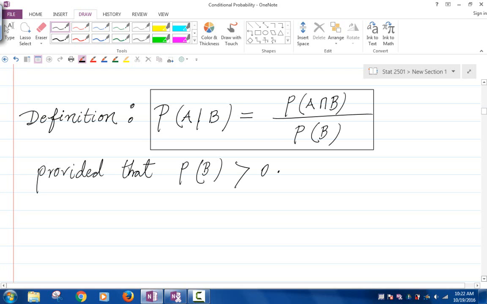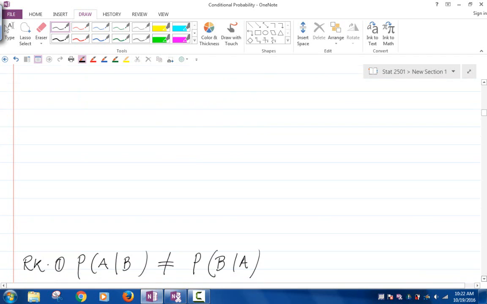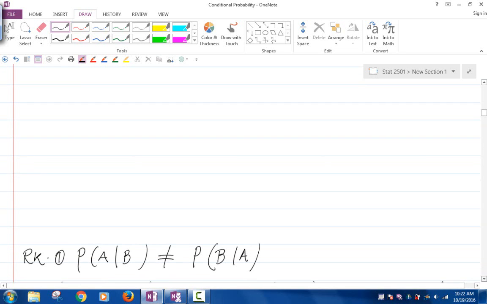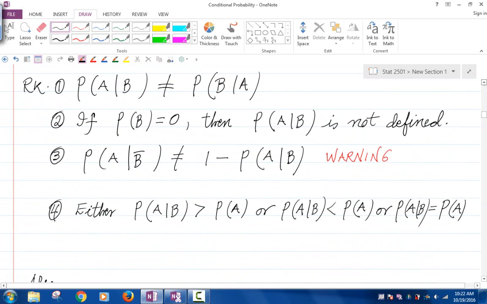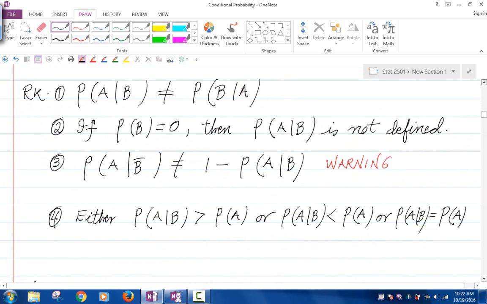A couple of remarks that I want to make here. The probability of A given B usually isn't the same as the probability of B given A. If the probability of B is 0, then the probability of A given B is undefined.